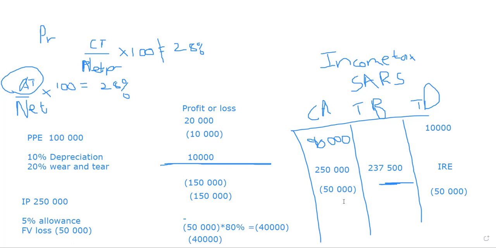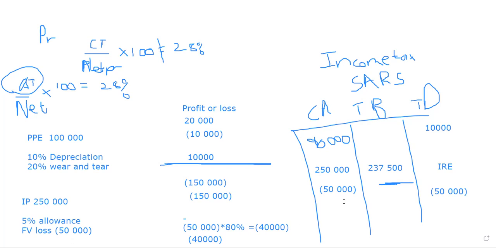This is a loss, so you have to record it when accounting says now you have a loss of 50,000. Tax says you're going to record it at the end when you're selling the asset. And between accounting and tax, the one who's right is accounting.